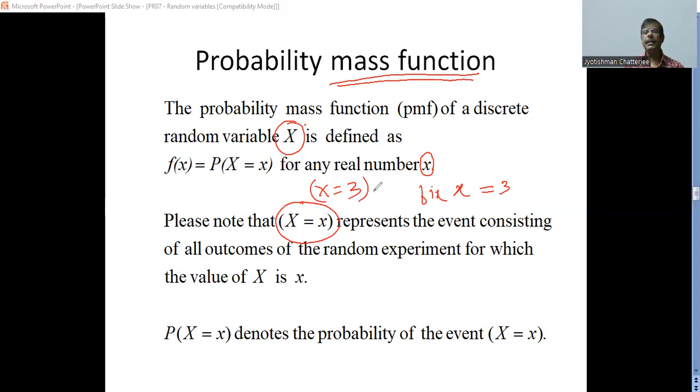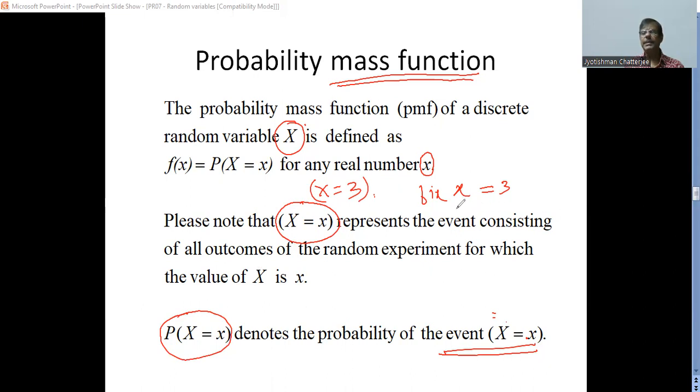We have already seen that such an expression actually means an event, and as we can talk about an event, we can also talk about its probability. So the probability of that event capital X equal to small x is denoted by P of capital X equal to small x.